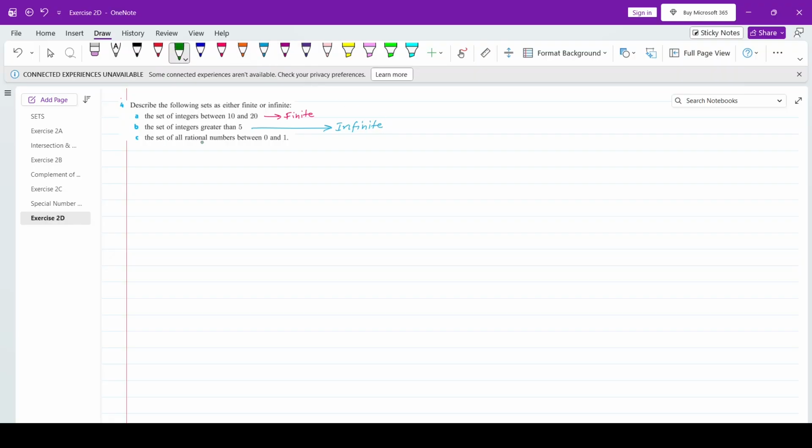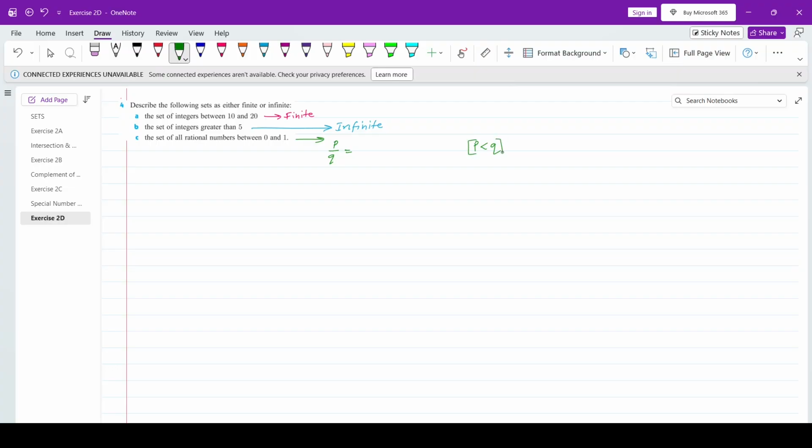The set of all rational numbers between 0 and 1. So rational numbers are p divided by q, where p and q both are integers. We can take any values of p and q as long as p is less than q.